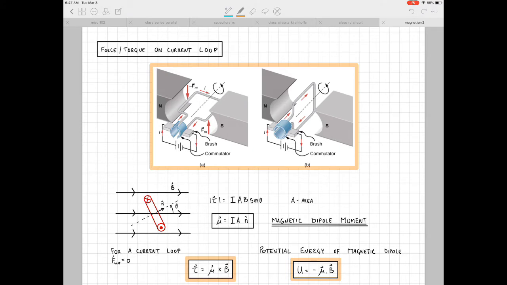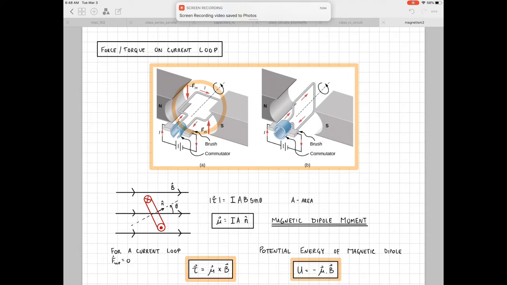And so we're going to introduce the idea of the torque generated on a loop of current with the introduction of a motor. So here I've got a diagram of a simple motor, so I've got a loop of wire placed in a magnetic field, and that loop of wire is hooked up to a circuit.